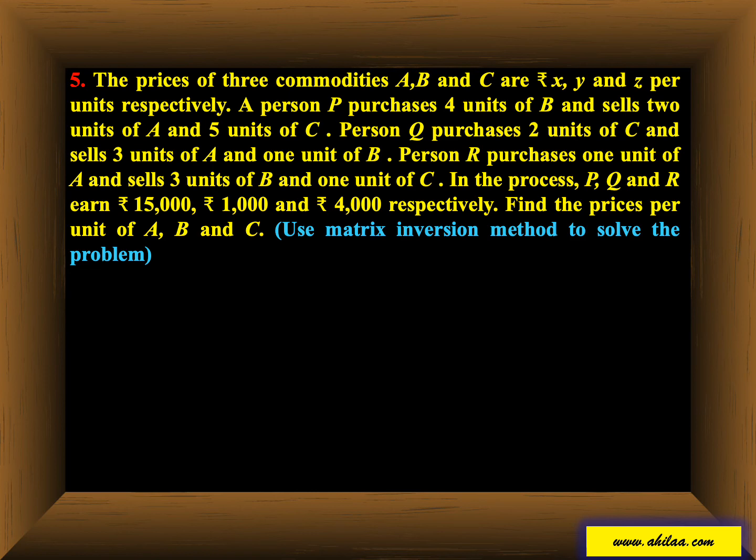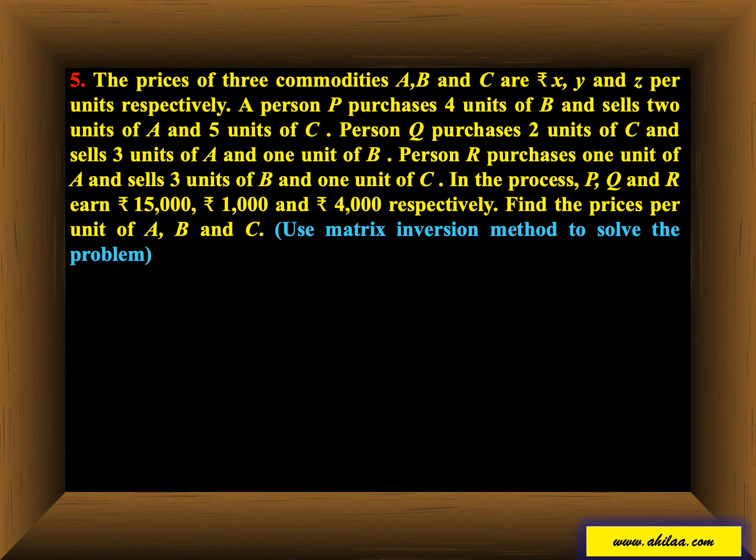A person P purchases 4 units of B and sells 2 units of A and 5 units of C. Person Q purchases 2 units of C and sells 3 units of A and 1 unit of B. Person R purchases 1 unit of A and sells 3 units of B and 1 unit of C. In the process, P, Q and R earn rupees 15,000, rupees 1,000 and rupees 4,000 respectively.